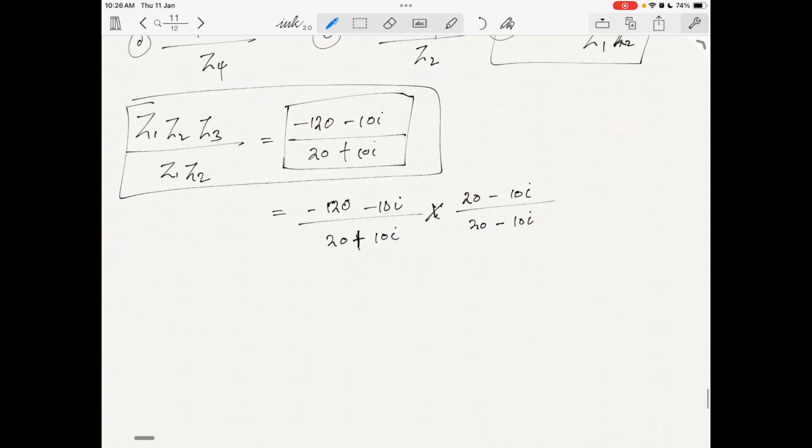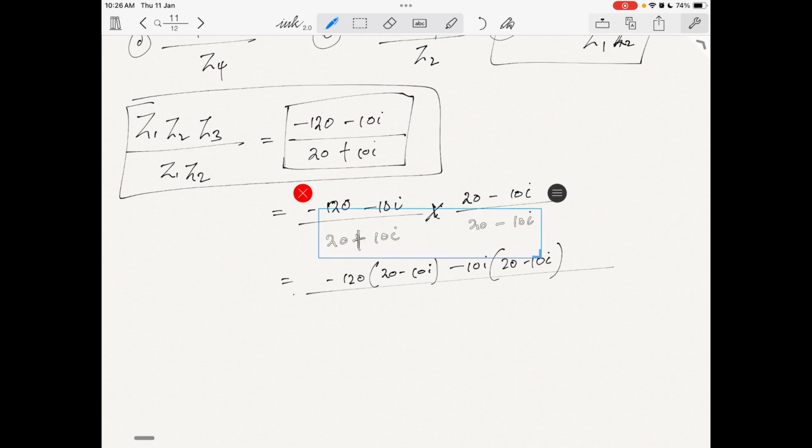In essence, we multiply the numerator by 20 minus 10i, and for the denominator this applies our product of the conjugate and the complex number itself. So it just becomes 20 squared plus 10 squared.